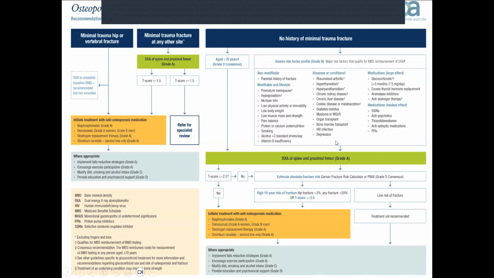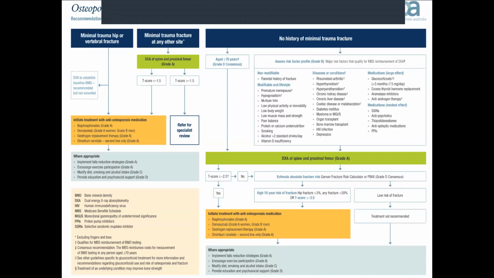Now, if they have no history of minimal trauma fracture, we've gone through this. If they have risk factors like premature menopause, hypogonadism, falls risk, which we went through in the table earlier, you might want to do a DEXA of the spine. For men over the age of 70, you would want to look at the bone mineral density because they will have age-related bone loss.